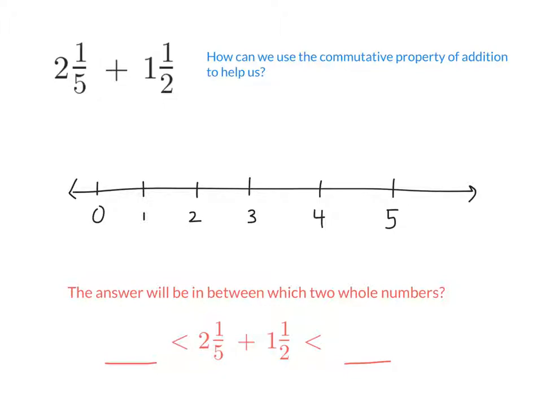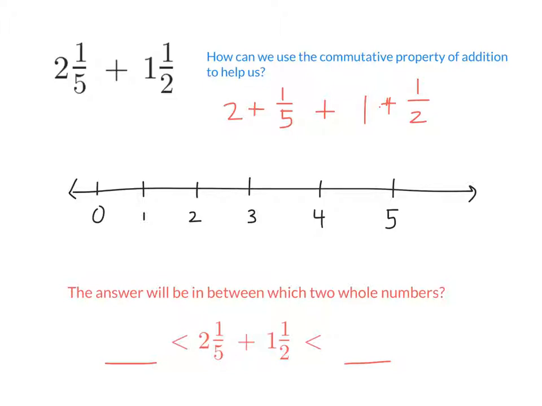Well, we could think of 2 1/5 as 2 plus 1/5. And then we could think of 1 1/2 as 1 plus 1/2. And if we're adding those all together, is that the same thing as 2 plus 1/5 plus 1 plus 1/2? Yes. Okay, so how can we use the commutative property?